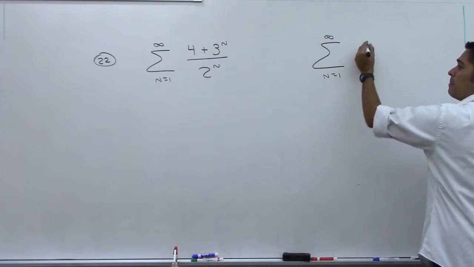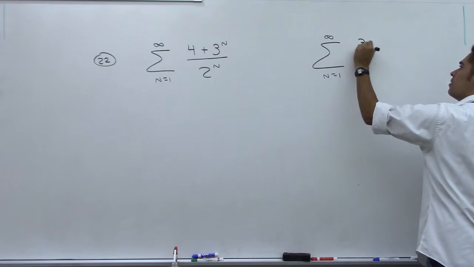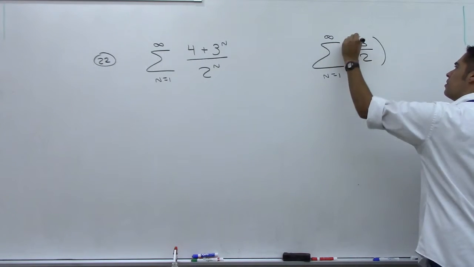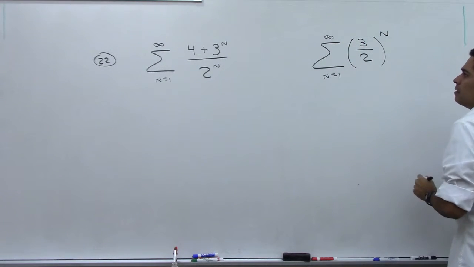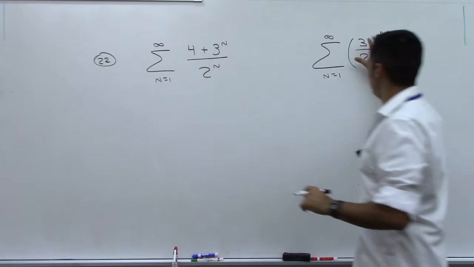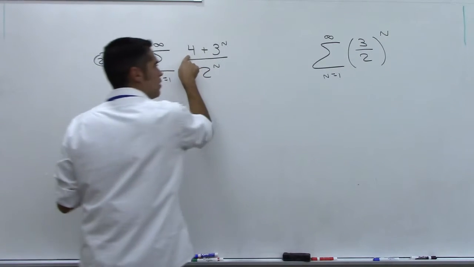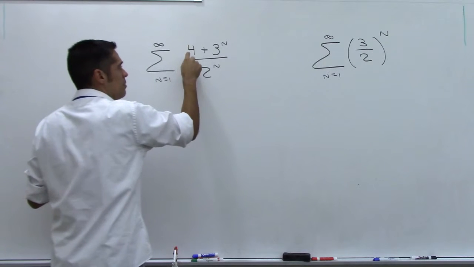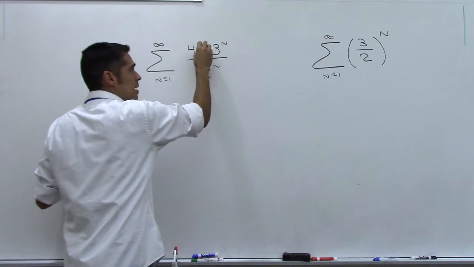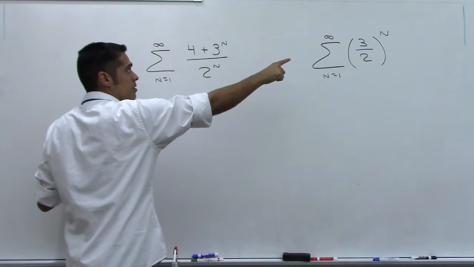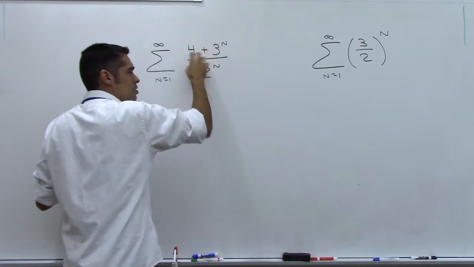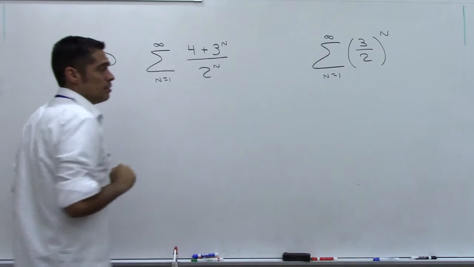So I'm going to compare it to this, because I think this thing diverges. This is this with the 4 taken away. And we know that with this 4 here, it makes my numerator a little bit bigger than the numerators over there. So all of these should be bigger than those, and I already know that diverges.